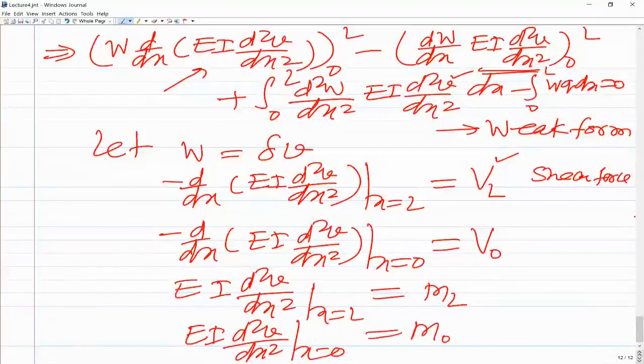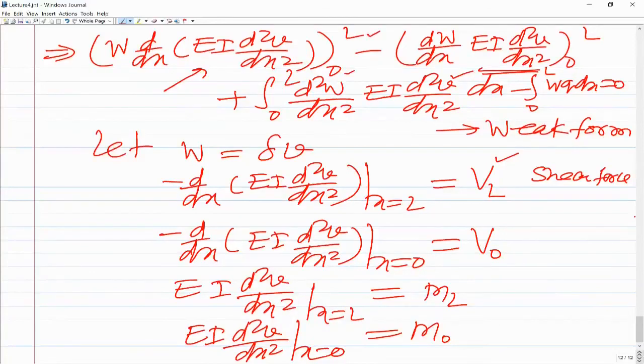Once you have done this, let's look at what we can get from the weak form. The minus sign I have already introduced. As you see over here, the first boundary term again consists of two terms: one at the upper boundary, another at the lower boundary.